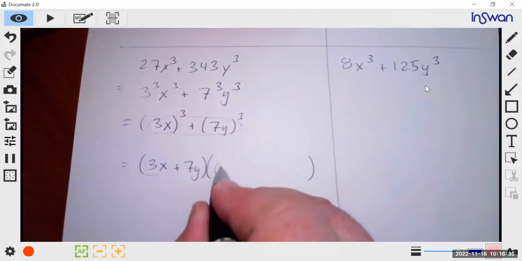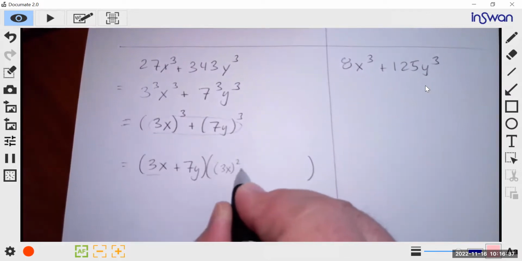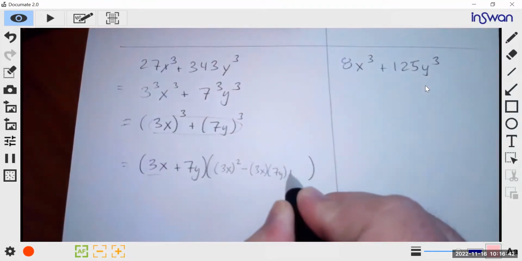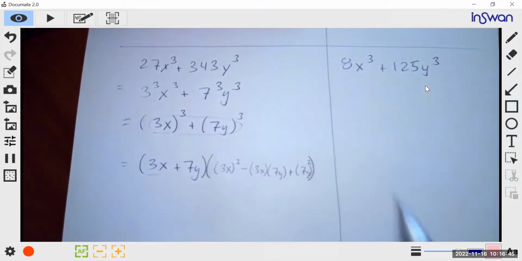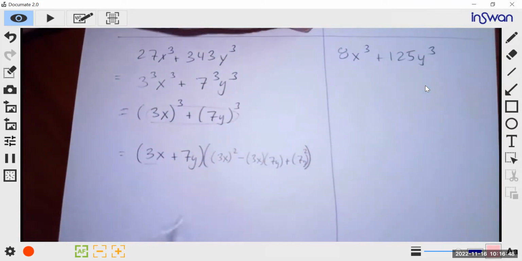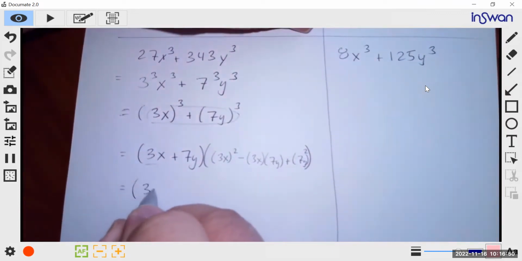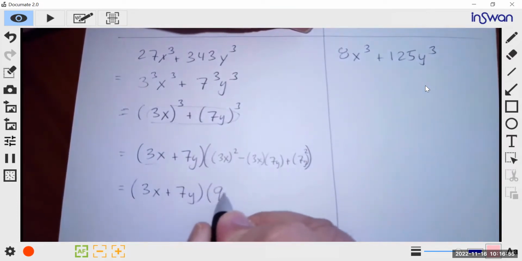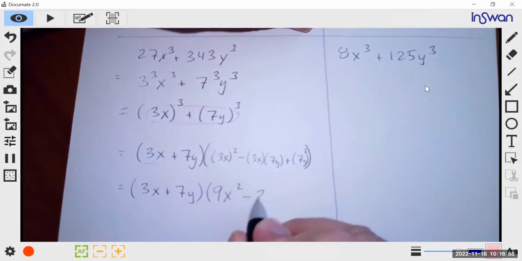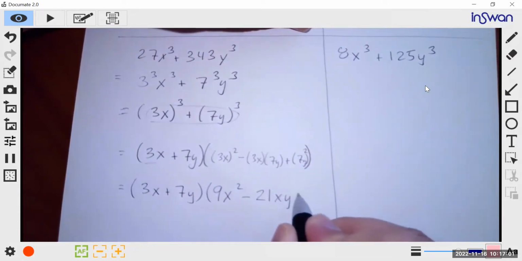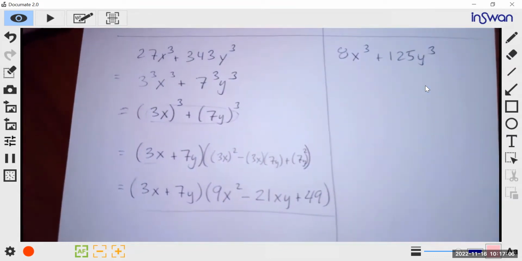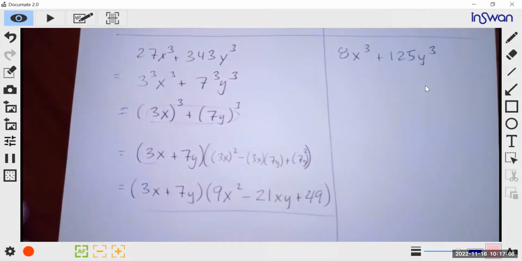The first term squared, minus the first term times the second term, plus the second term squared. 9x squared, 21xy, plus 49. Are we okay with this so far?